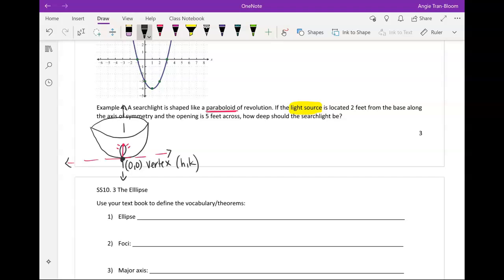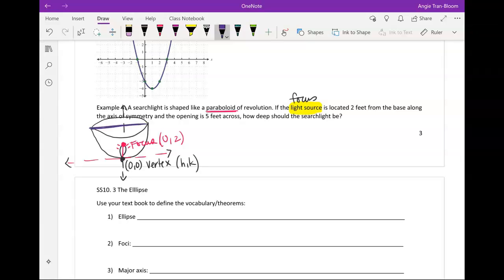Now the word light source, this is where the focus is. They gave it to us. The focus is right now at (0, 2). The reason I know (0, 2) is because this is a parabola opening upward. And then they even went further and said the opening is 5 feet across.